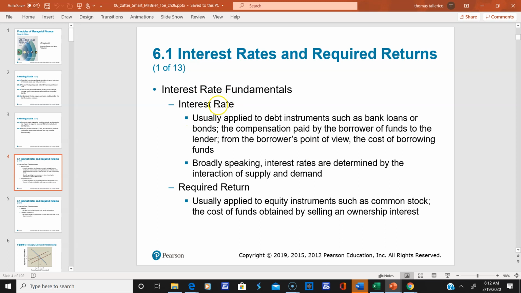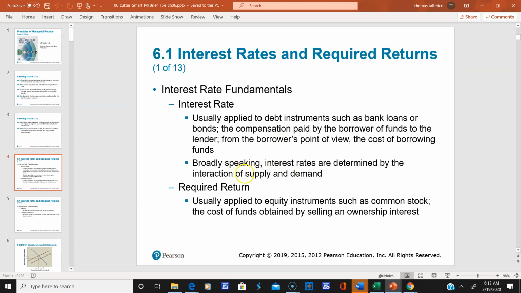All right, so in interest rate fundamentals, interest rates are applied to debt instruments or bank loans or your savings account. Everyone should know what interest rates are, right? It tells you how much you're going to get. And as you know, the Fed recently lowered the Fed funds rate, which is the rate which companies borrow from each other, to 0. And so there's many interest rates in all types of our economy.